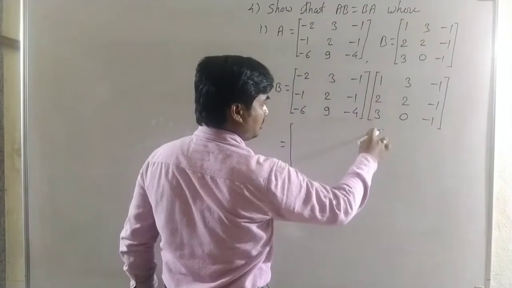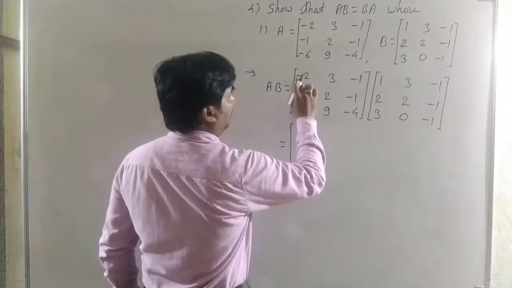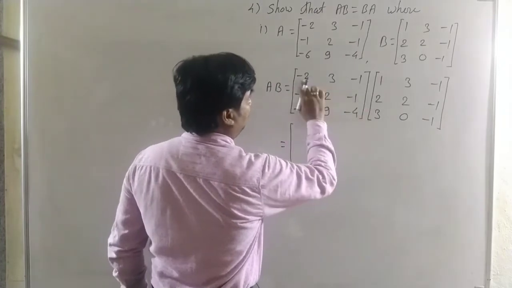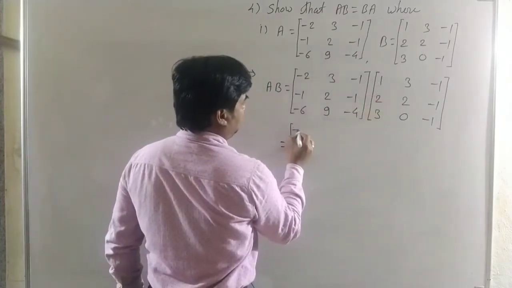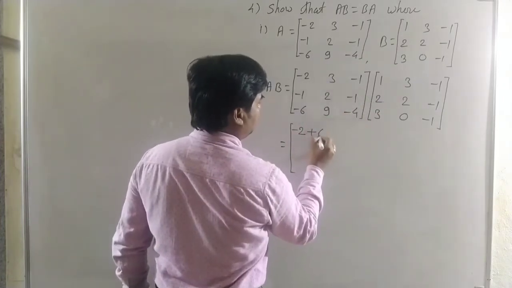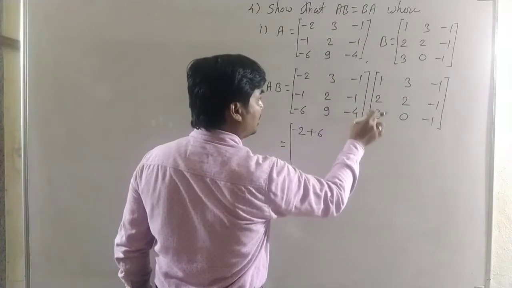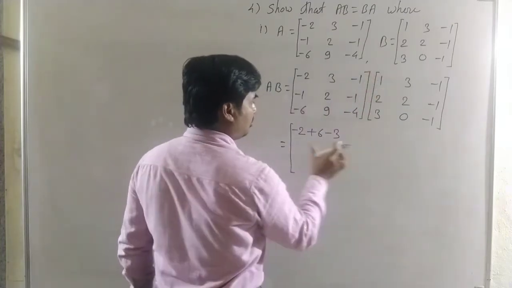Now A into B multiplication, it is first row first column, then first row second column, then first row third column. Now see carefully, first row first column, minus 2 into 1, it is a minus 2, 3 into 2, it is a plus 6, and minus 1 into 3, it is minus 3. Okay, it is a first row first column element.